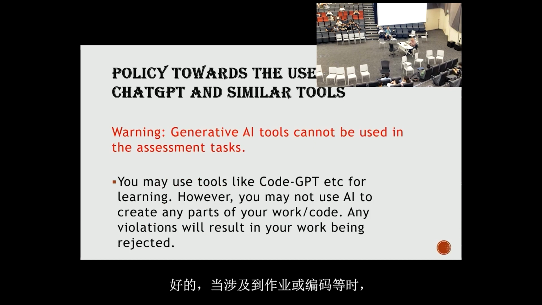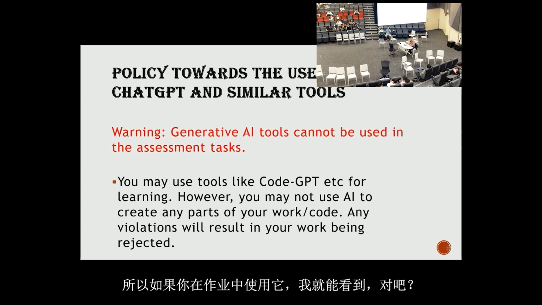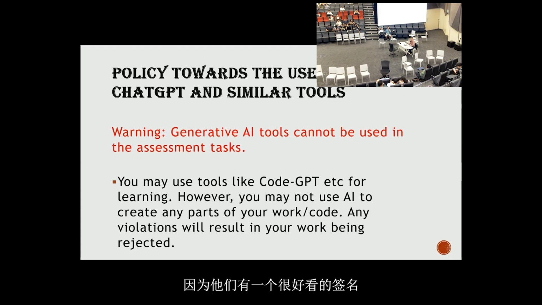Okay, and when it comes to assignment or coding and so on, can you use ChatGPT for your answer? So you may use it for learning, but you should not be using any AI-generated work or code, right? So if you use it in your assignment, I can see that, right? Why? Because they have a very nice signature that we can recognize, right?